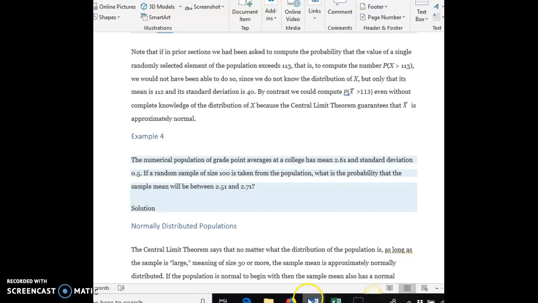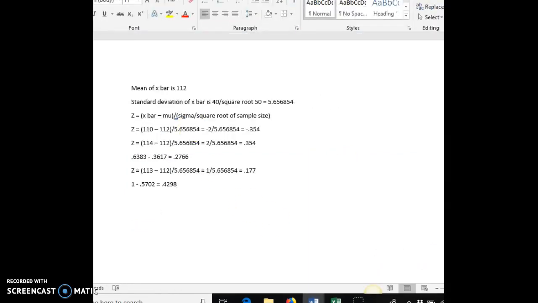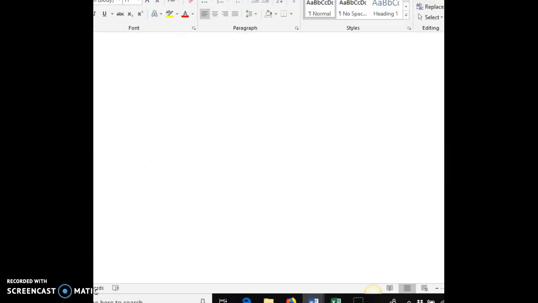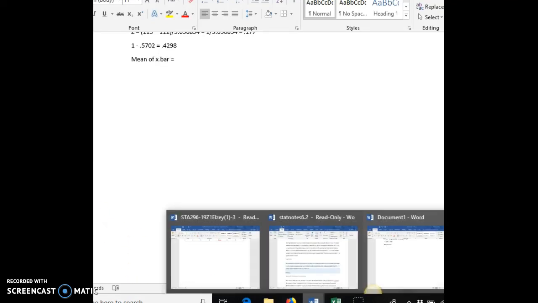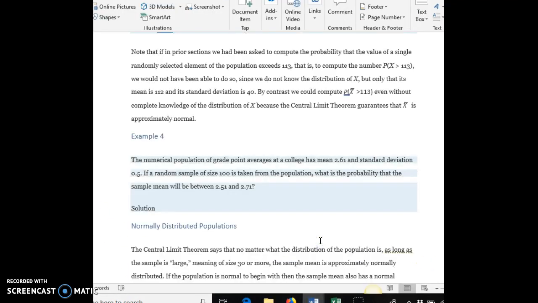All right, so recall that the mean is the same as the population mean of 2.61. So we can go ahead and write that out. So the mean of x bar is equal to, in this case, 2.61.